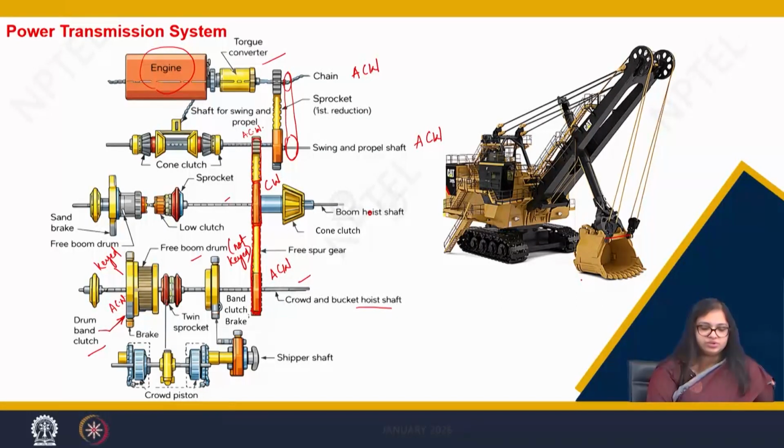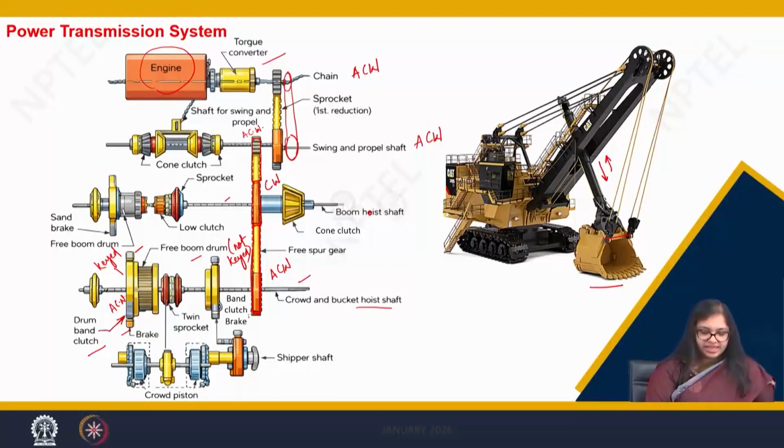In order to control falling of the bucket, since it will fall under its own gravity, there are two brakes attached onto this clutch, which help in controlled falling of the bucket under its own weight. The same thing applies when my dipper stick has to move forward and backward.